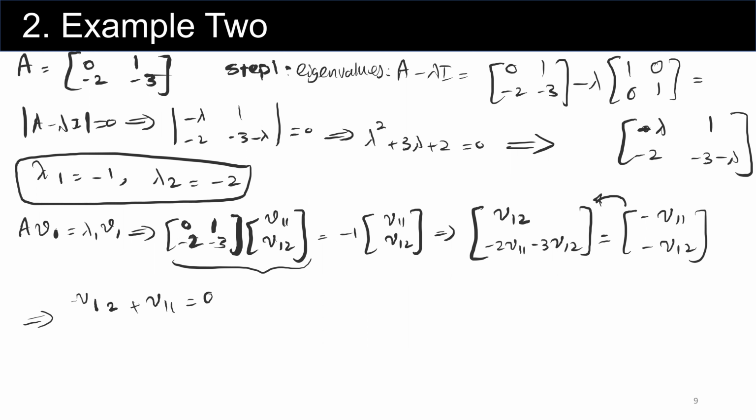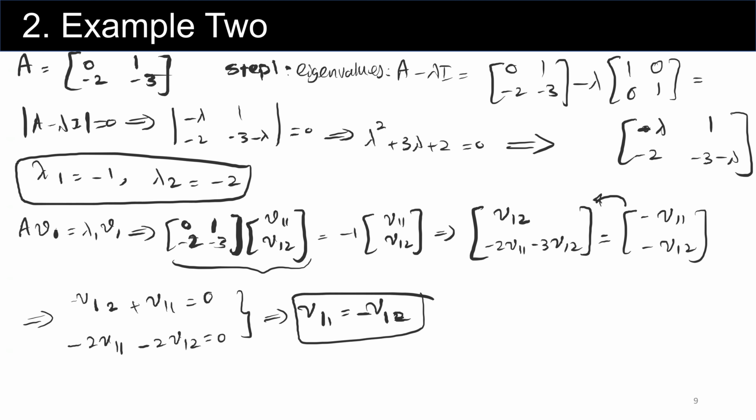And the other equation tells us minus 2 v1,1 minus 2 v1,2 is equal to 0. So both of these are basically the same, or v1,1 is equal to minus v1,2.